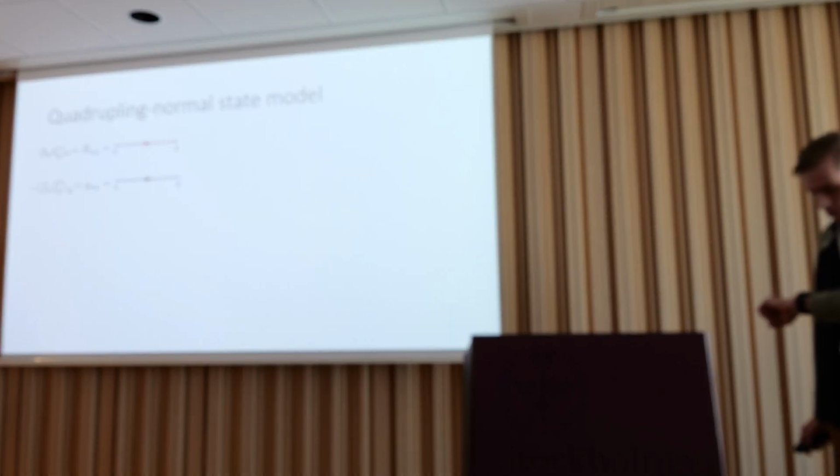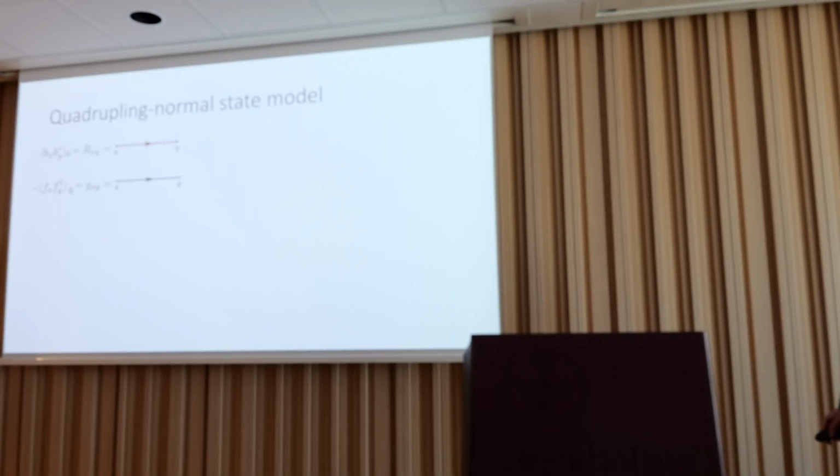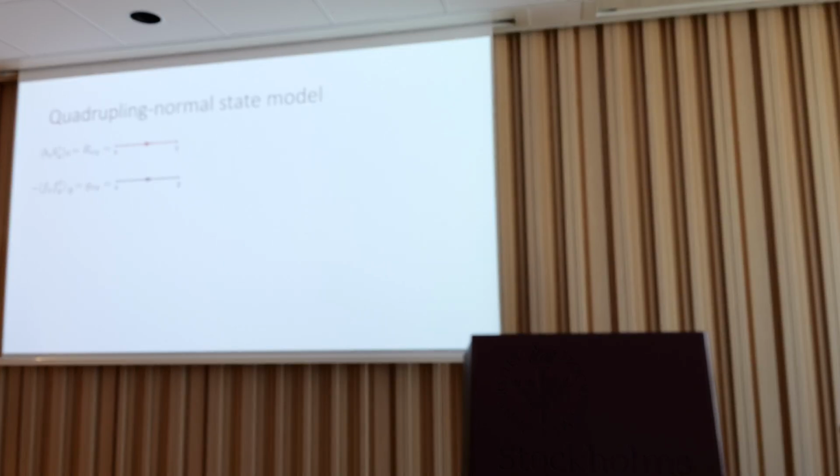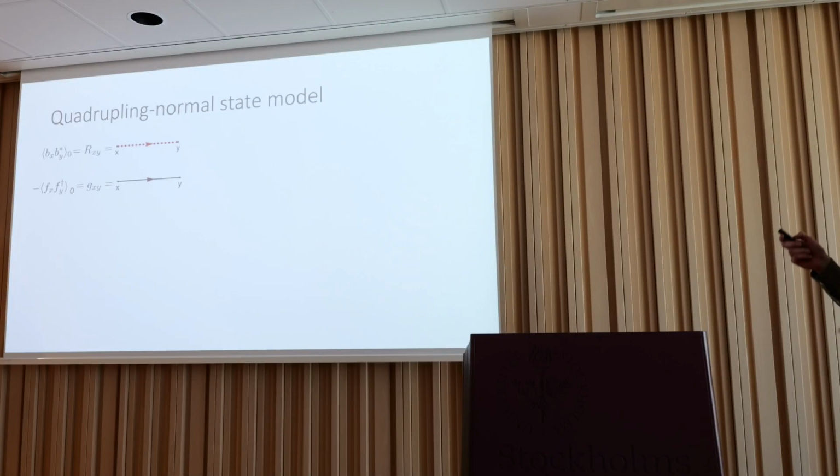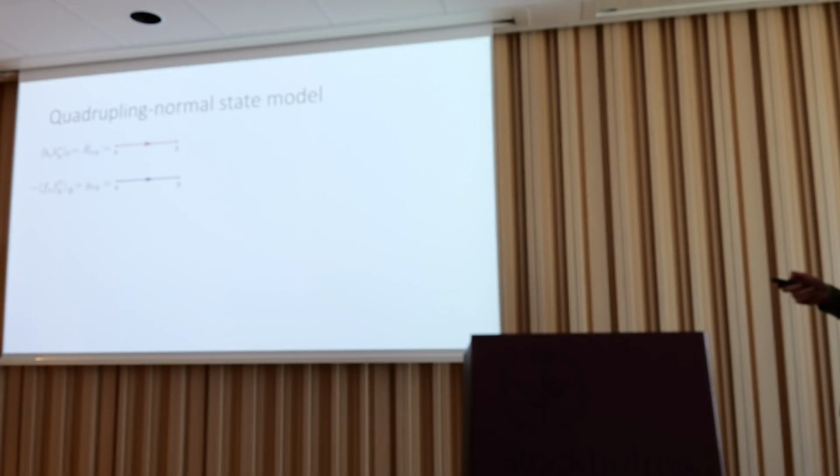Right. So now I will go to a more specific example for the pair quadrupling. In this case, I will be looking only at quadrupling and normal state properties, so I set all the other mean fields to 0. Now I will have only this C mean field, the one that corresponds to quadrupling.